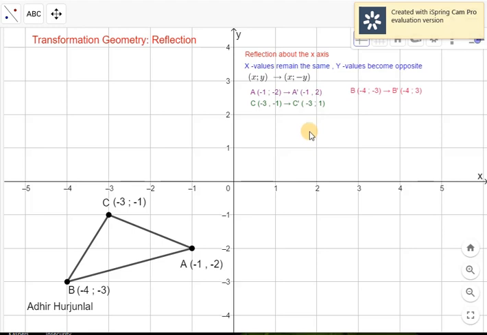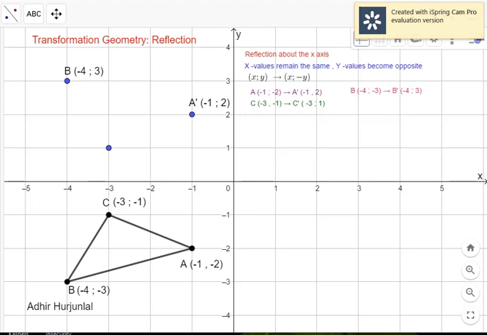When I'm dealing with the ABC reflected, I now need to go ahead and plot the points for A, B, and C. The coordinates of A are (-1, 2). The coordinates of B are now (-4, 3).